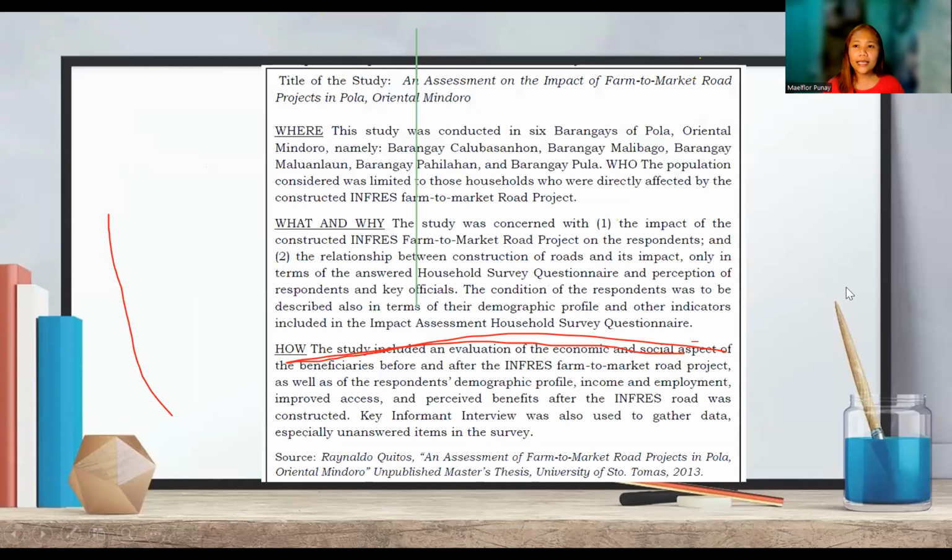So, this is an example of scope and the limitation of the study. The title of the study is An Assessment on the Impact of Farm-to-Market Road Projects in Pola Oriental, Mindoro.